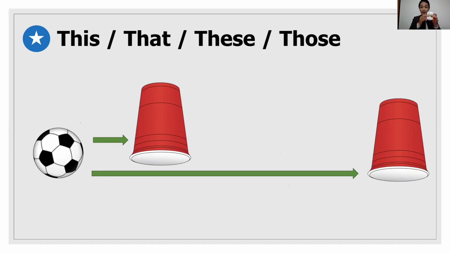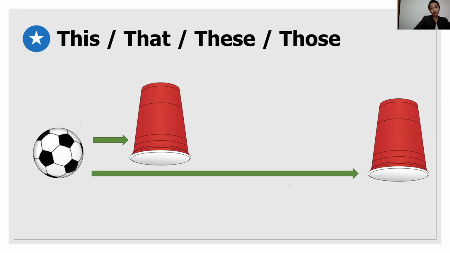The bus, yes, this bus, but it's far, like that bus. For the plural as well, like this is a dancing shoe, so these dancing shoes, those dancing shoes, so they have to say the words like this using the ball.